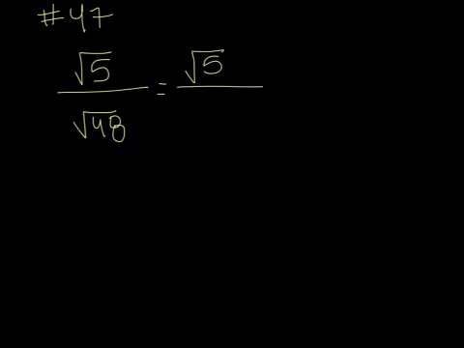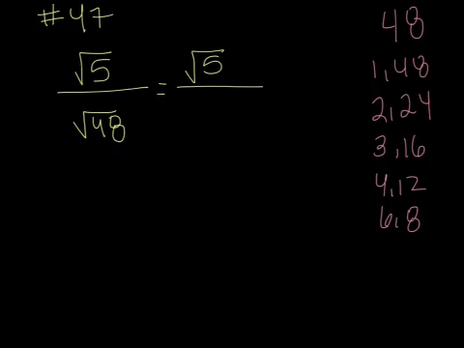Since 48 is not a perfect square, I'm going to look for factors of 48 where I can find the largest perfect square. So on the side here, I'm going to write 48, and then all the possible factors for 48. Based on the factors of 48, we have 1 and 48, 2 and 24, 3 and 16, 4 and 12, and 6 and 8.